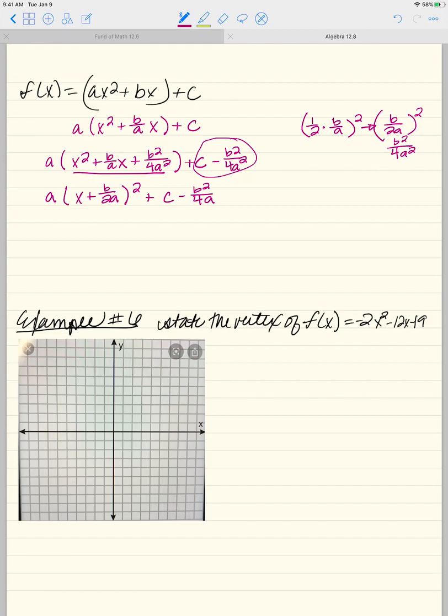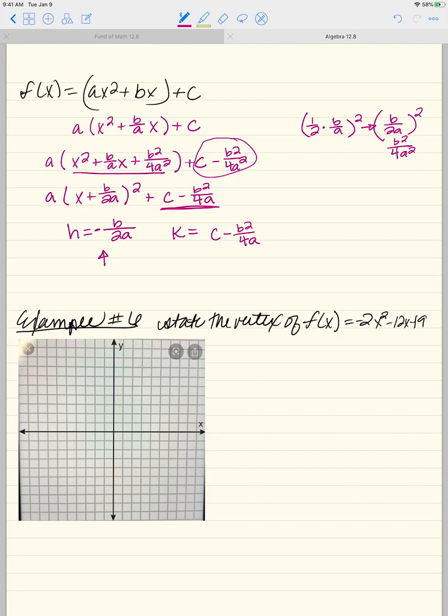All right, so in this case, h is equal to negative b over 2a, and k is equal to this whole thing. Okay, so k is equal to c − b²/4a.